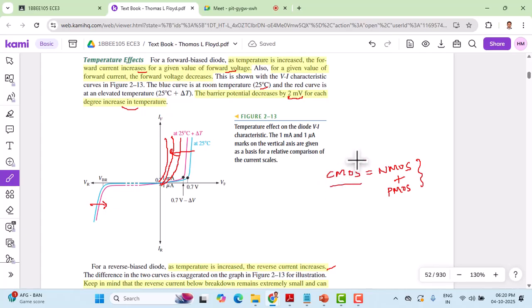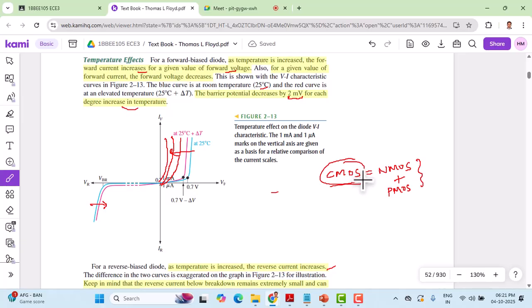Not too much variation can be seen in a CMOS device when you operate at higher temperatures. Of course, the performance is affected by temperature, but not as you see in the diode. The diode is a very sensitive element, and a lot of power consumption happens when the temperature varies. That's the reason we don't use diodes in the majority of applications. But we can't ignore the diode, because the diode serves as a basic function in understanding CMOS. So the concept of the diode should be understood before we go to the concept of CMOS.